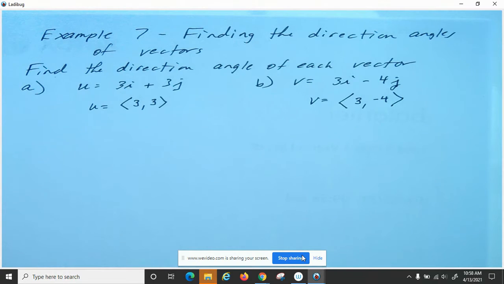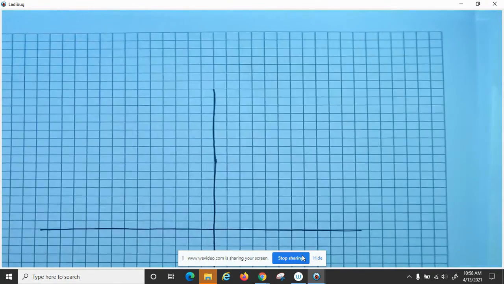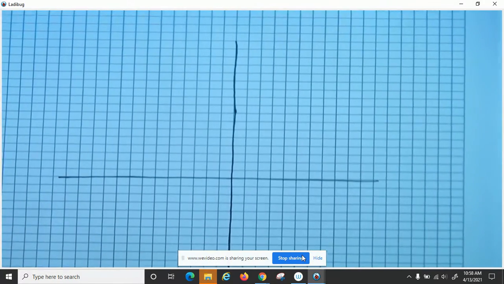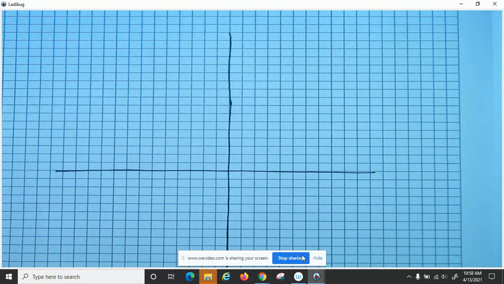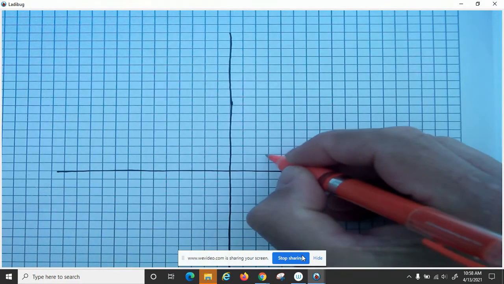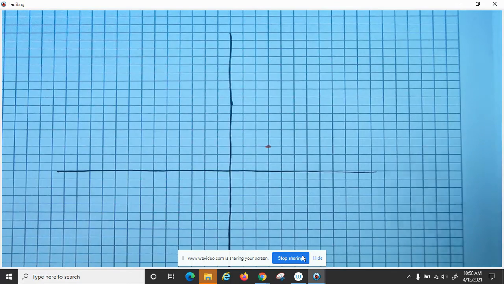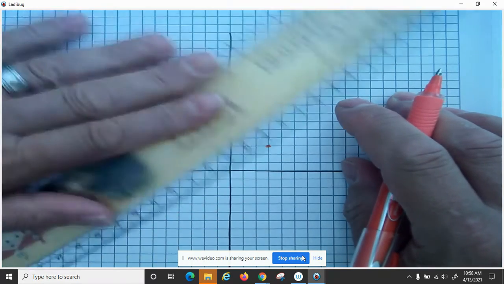All right, so I want to find the direction angle that is created by the vector and the positive part of the x-axis. So what I'm going to do with the first one is go ahead and graph it. It has a terminal point at 3, 3, which would be right there. And this is what the vector looks like.